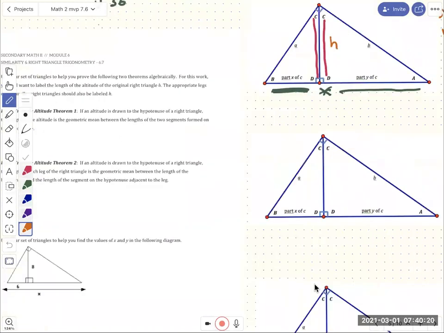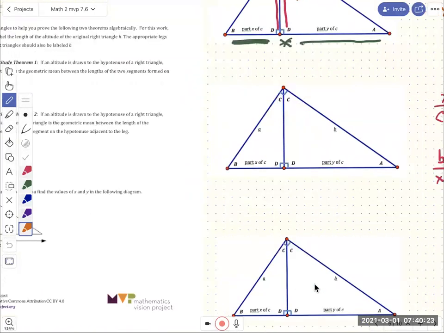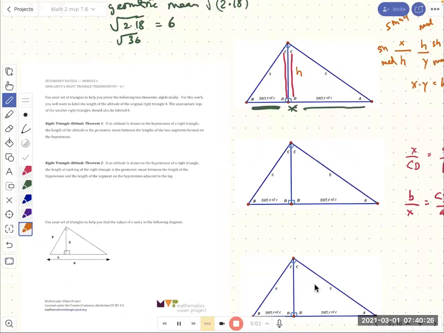In the second theorem, an altitude is drawn, and what they want to show, at least how I read it, is that each leg of the right triangle, for example this leg in purple, is the geometric mean between the length of the hypotenuse and the length of the segment on the hypotenuse adjacent to the leg.